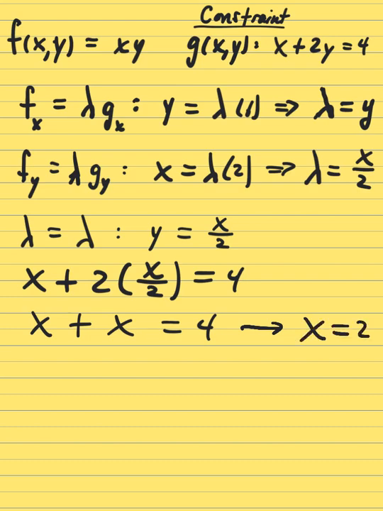We're going to remember that, and we'll put it in a box. Back up here on step 3, I'm going to do this in blue. y is equal to 2 over 2, because we just found x to be 2, which is 1. I'm going to put that in a box.